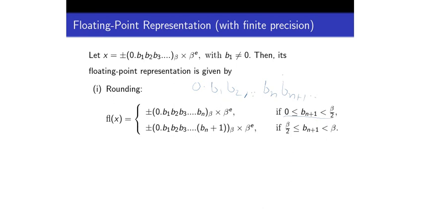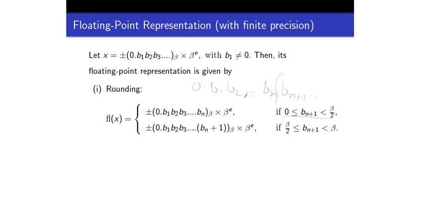When bn plus 1 is greater than or equal to 0 and strictly less than beta by 2, where beta is the base, then you will not do anything with bn, and that gives you the floating point representation of the number.